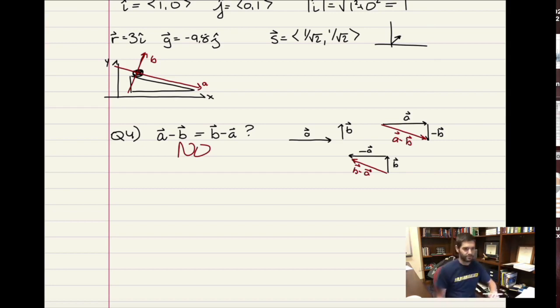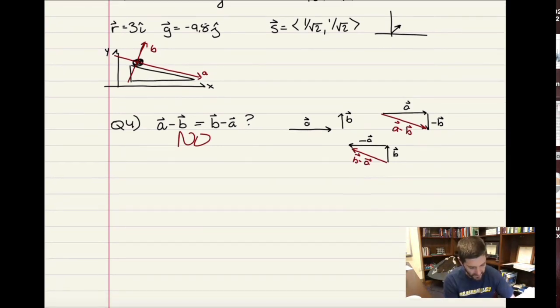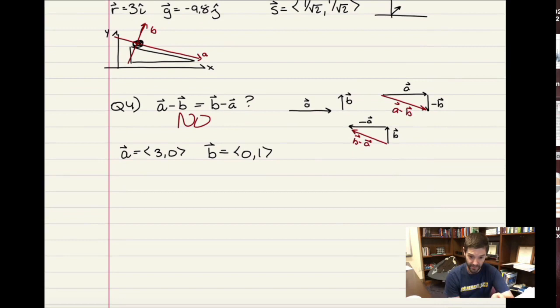Perhaps not too surprising, since I emphasized that vector addition and subtraction behave very similarly to numbers. I could also do it by components. Suppose A is some horizontal vector equal to (3, 0), and B is some vertical vector, maybe (0, 1). You should get in the habit of seeing this and thinking, yes, A is purely horizontal, B is purely vertical.